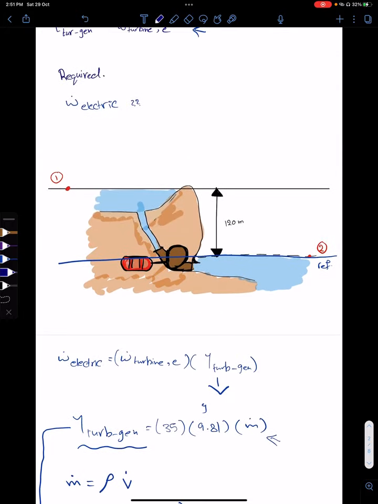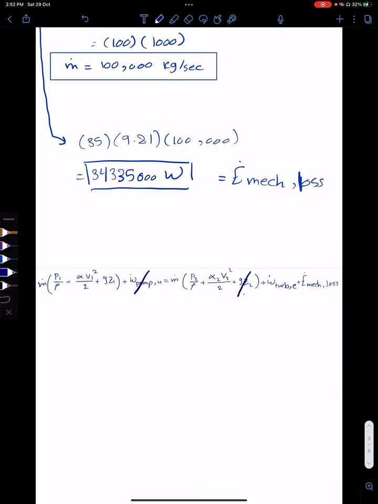Why is that? Because at here, the z is 0, so we can cancel it out. Another two things that will be cancelled out are P2 over rho and P1 over rho.